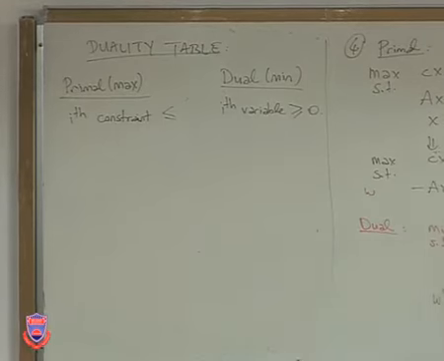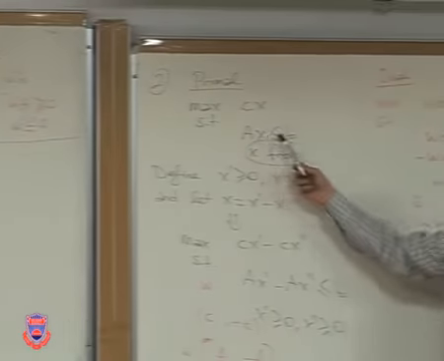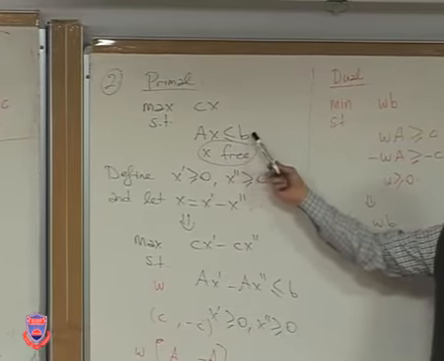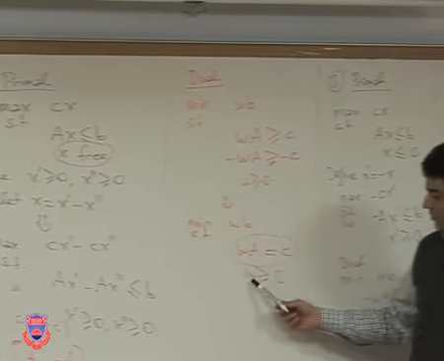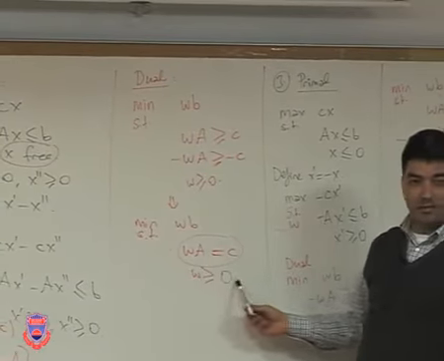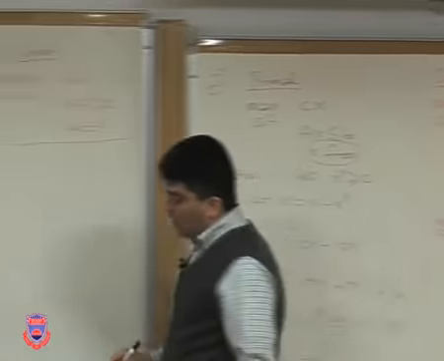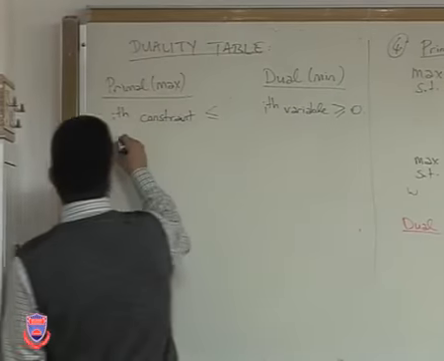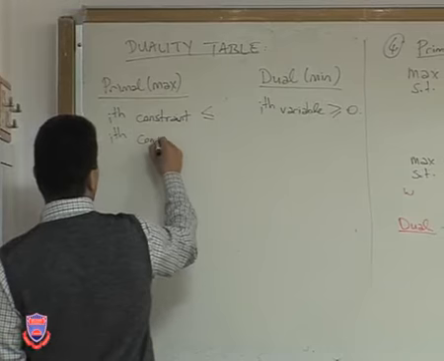So for instance, here we have a less than or equal to constraint in the primal problem. This is the corresponding dual problem. The corresponding variable is non-negative.